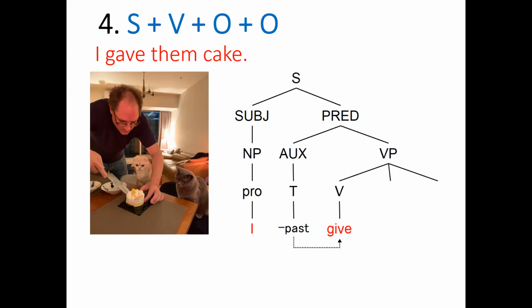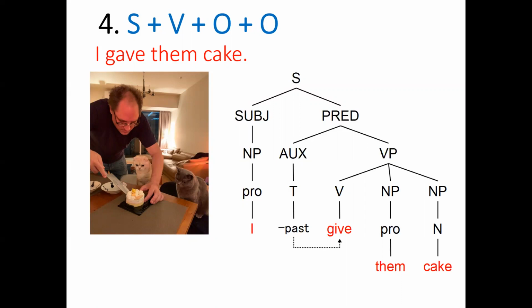First, the indirect object, them, and secondly, the direct object, cake. So again, you'll note that both objects are generated from the verb phrase because they are both necessary to complete the verb argument. We cannot just say I gave or even I gave them. In order to create a fully formed sentence using this structure, we need two objects. I gave them cake.